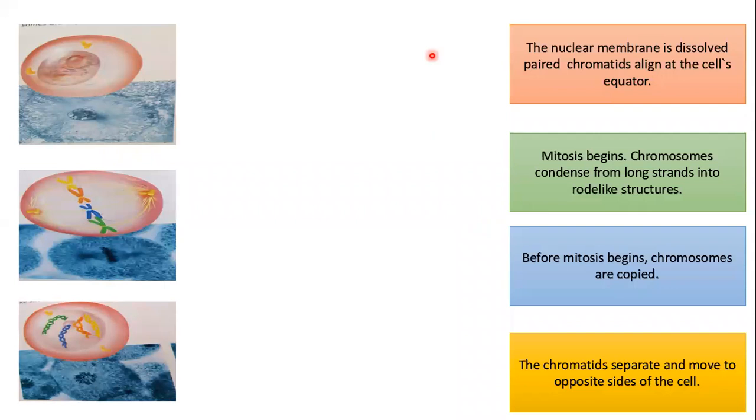Let's have a quiz now. Let's read together. The nuclear membrane is dissolved, paired chromatids align at the cell's equator. So which picture here has the chromatids aligned in the equator? Yes, excellent.